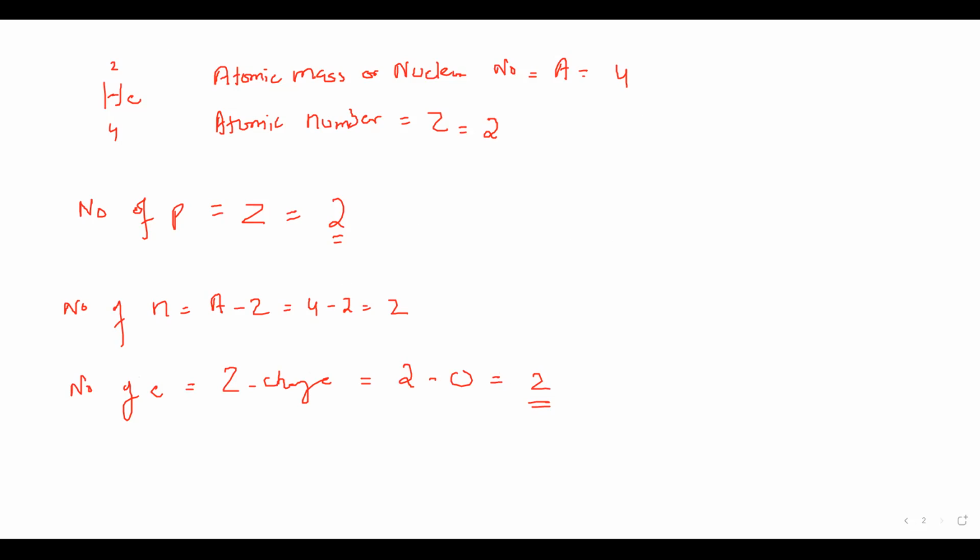When we draw the structure, in the center we have 2 protons and 2 neutrons, and around the nucleus, the first shell can have a maximum of 2, and we have 2 electrons revolving around the nucleus. So this is the structure of the helium atom.